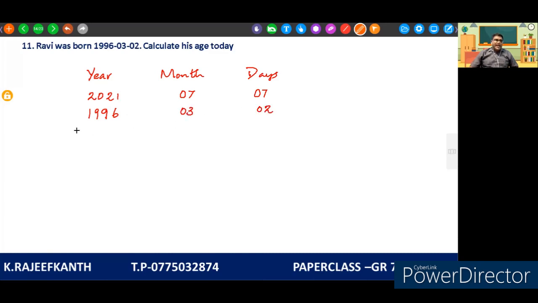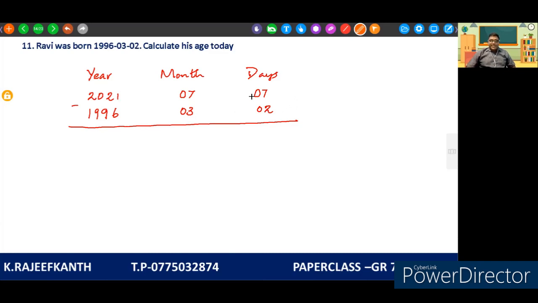Now we are going to find the age of him. Then how can we find the age? We have to subtract. Normally you know that if you were born in 1996, then now the year is 2021. So you have to subtract this 1996 from 2021, then you can get the age, right? So here 2021, July 7th, 1996, March 2nd.